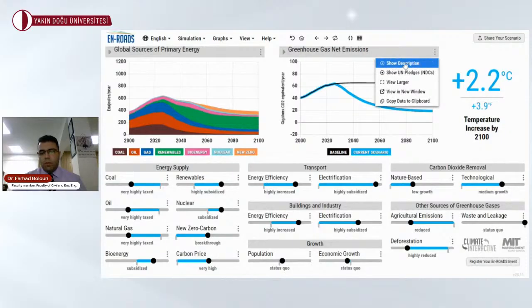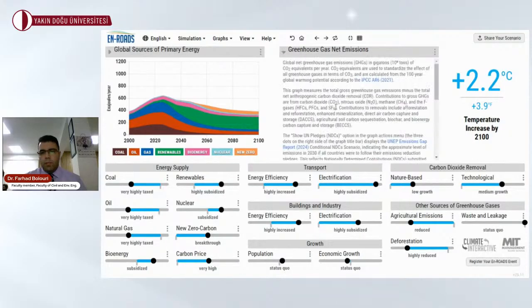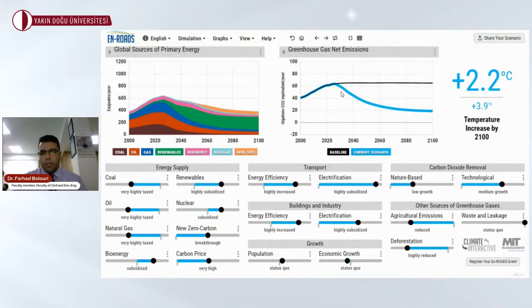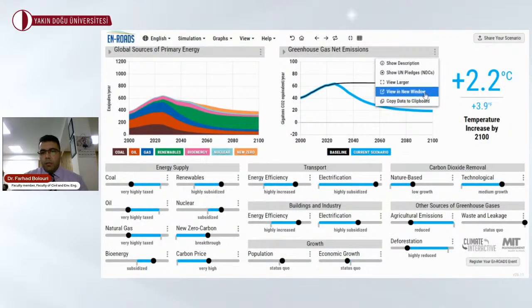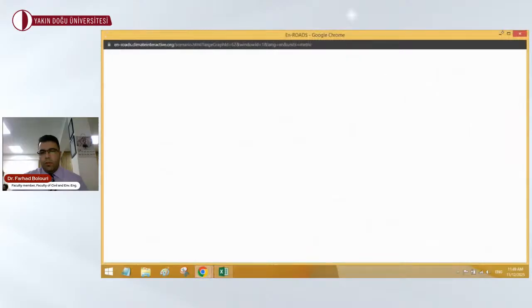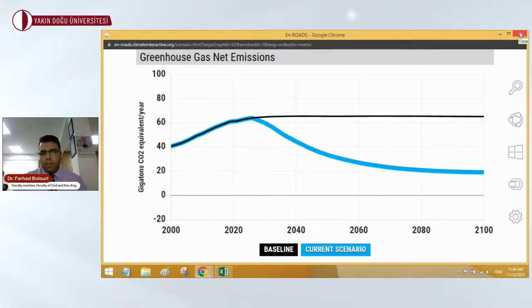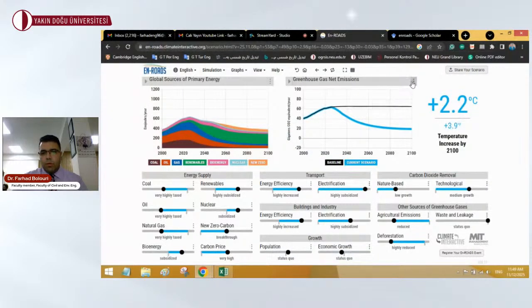First, you have the description. Second, if you click it, you can see where we are now. The other one is to view it in a larger size. You can show it and take a screenshot. Also, in a new window, they show it for you like this. You can even copy and paste it.